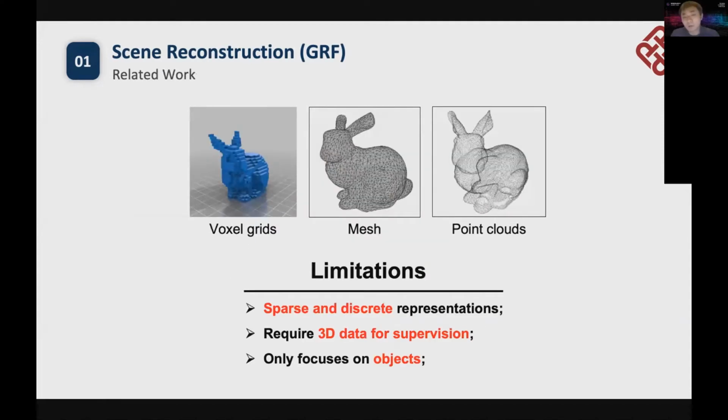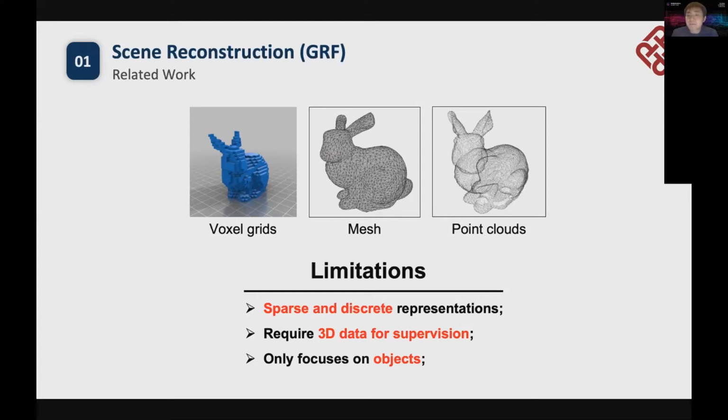The existing work usually recovers 3D voxel grids, triangle meshes, and also point clouds. However, all these works have 3 limitations. The first one, these 3D representations are sparse and discrete. So they are unable to deliver fine-grained geometric details.